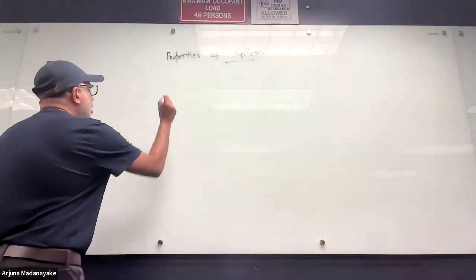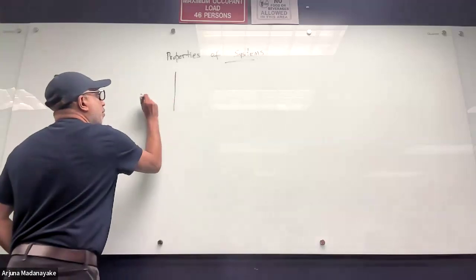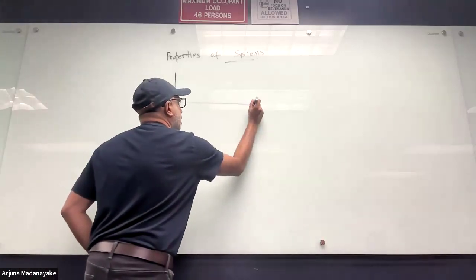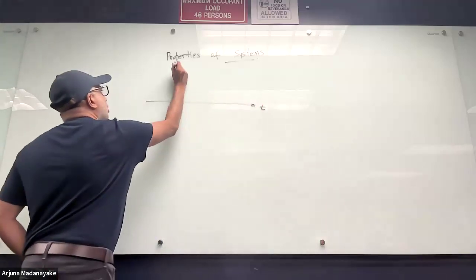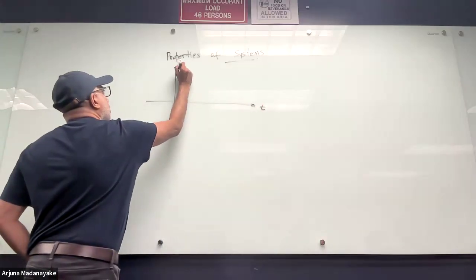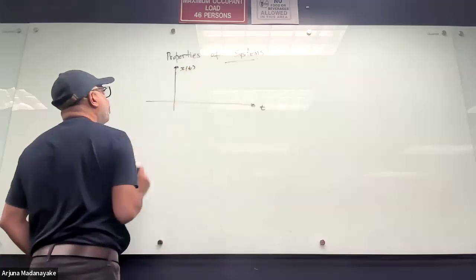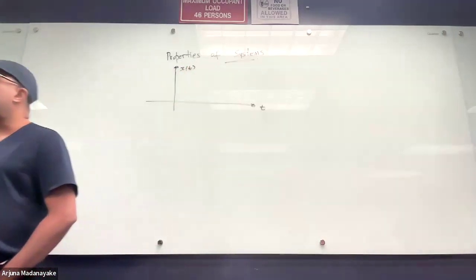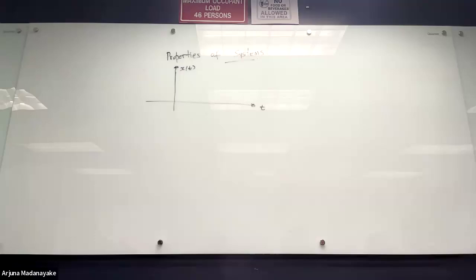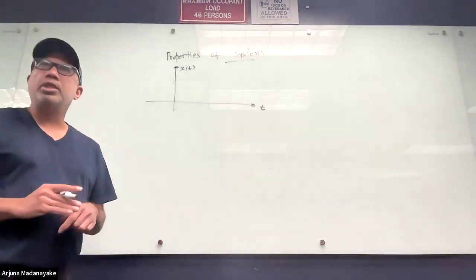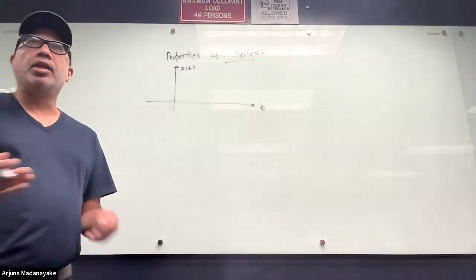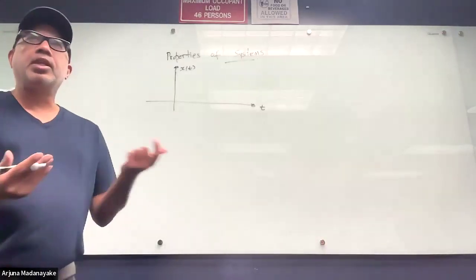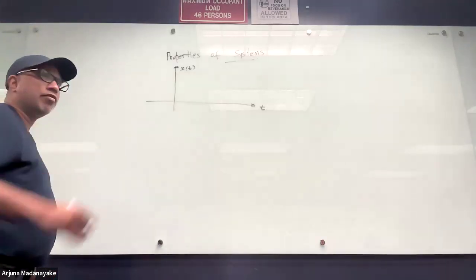So let's say we have some signal, a function of time. The signal is x of t, right? So x of t means x is a function of time. It varies as a function of time. So x could be a voltage, it could be an electric field, a magnetic field, a current, a charge, some physical quantity that varies as a function of time.